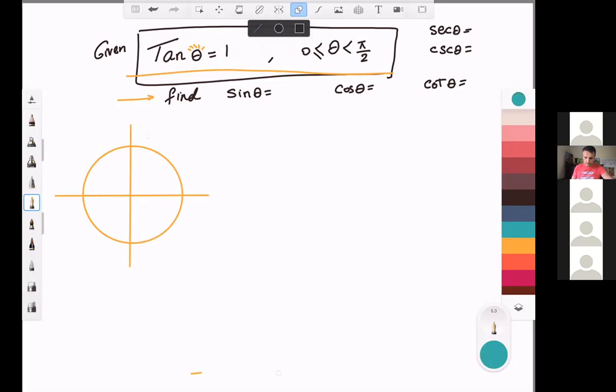So we need to decide, is it here, here, here, or here? So we have 0, pi/2, pi, 3 pi/2, and 2 pi. So which quadrant is that?